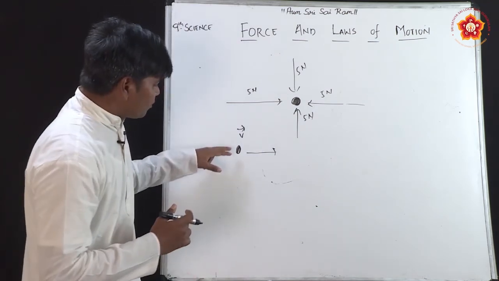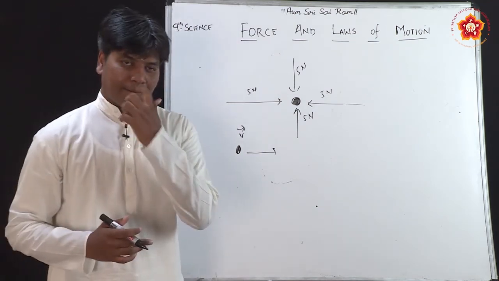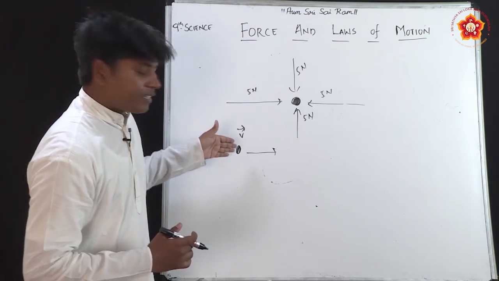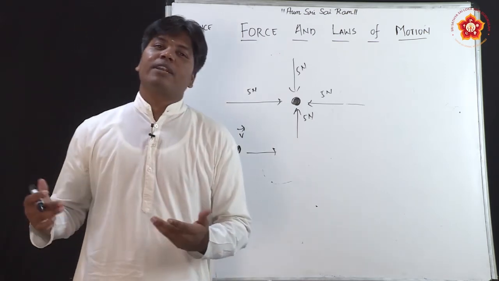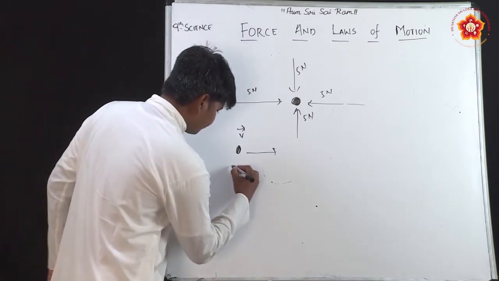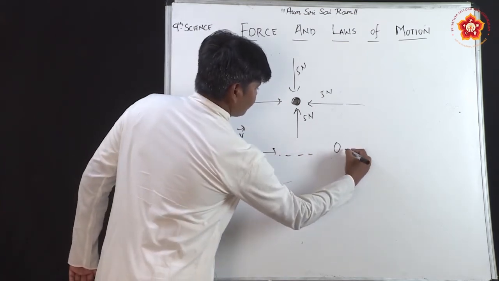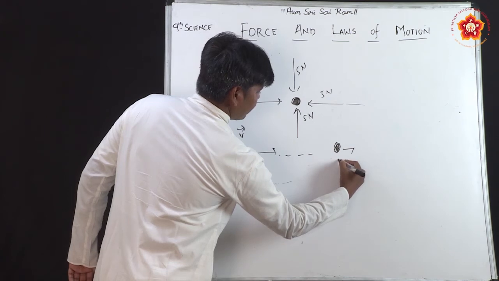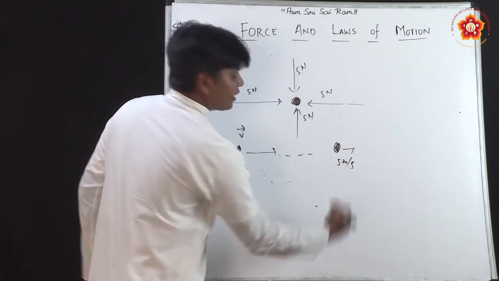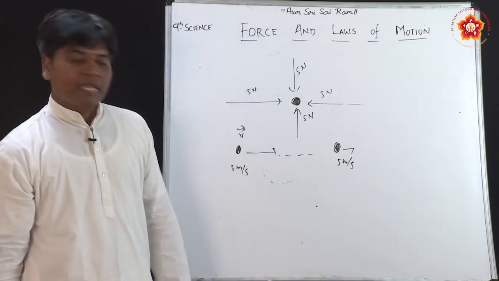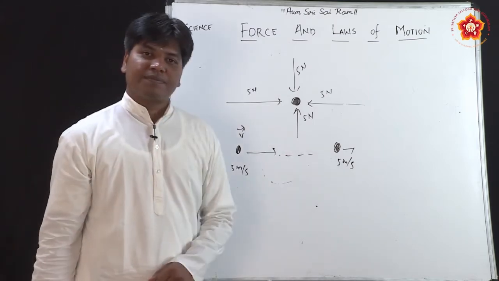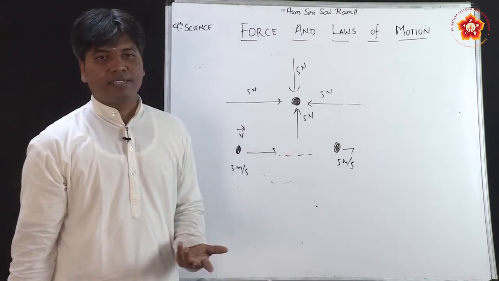Now this object is moving with uniform velocity. After 10 seconds it moves, for example, 5 meters per second. Here it came, and here also you saw it is 5 meters per second. Is the velocity increasing? No, the velocity is not increasing.